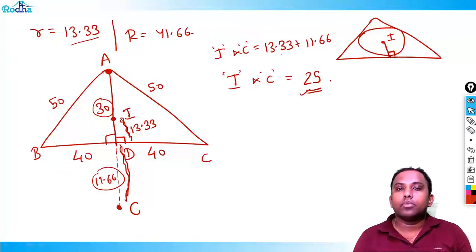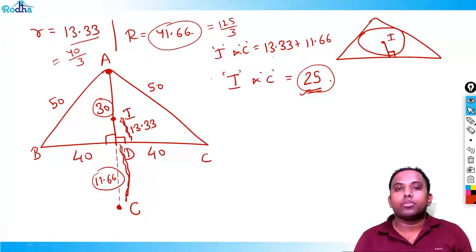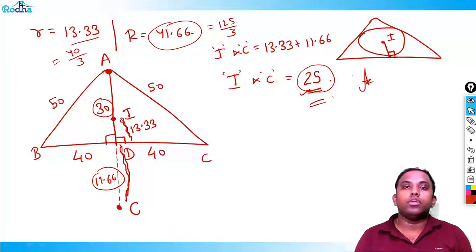It should be 24.99, but actually capital R was 125 by 3 and small r was 40 by 3. If you calculate in fractions, not in recurring decimals, you get exactly 25. So 25 is the answer. Very good conceptual question it is.